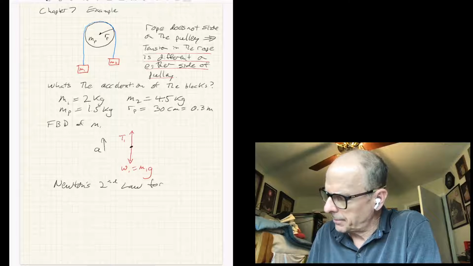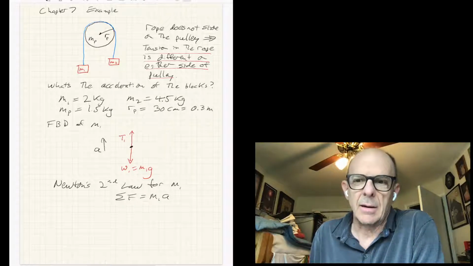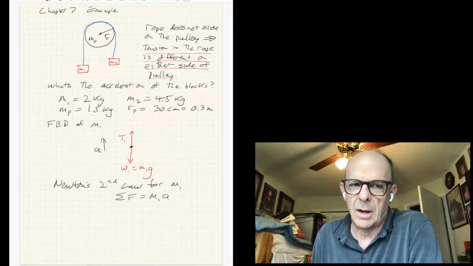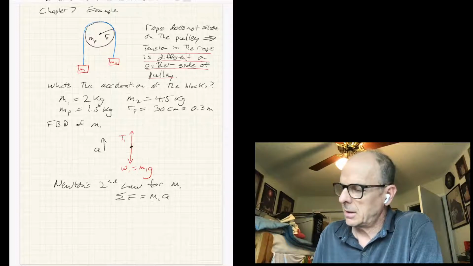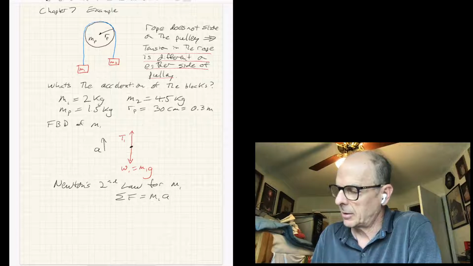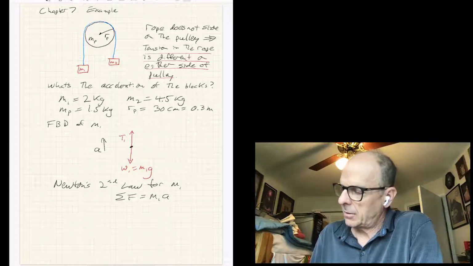Now we can write Newton's second law for m1. The sum of the forces equals m1 times a. And I did not put a 1 subscript on that acceleration because that is the acceleration of everything in the system. They're all tied together. They all have the same acceleration. Well, let's stick with our normal convention that up is positive and down is negative.